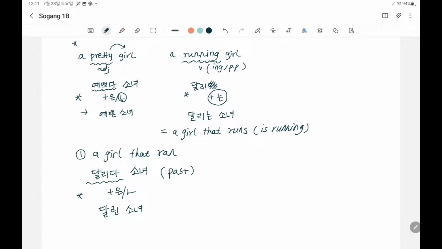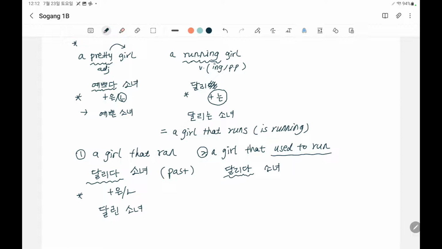If you can deal with this, here's an extra information. This is still past, but I want to say a girl that used to run, which emphasizes she doesn't run anymore, or I don't know whether she still runs or not. Okay? In that case, we still need 달리다 here in front of the noun.